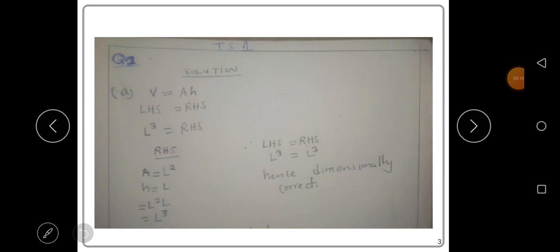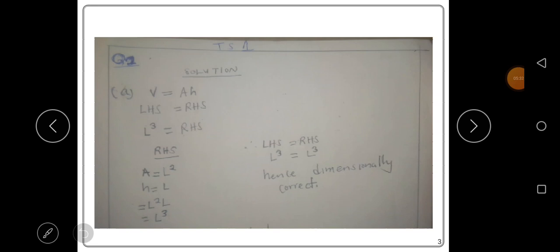So just to recap, for the equation to be dimensionally correct, the dimensions of the left hand side must equal the dimensions of the right hand side, so which we have written here.